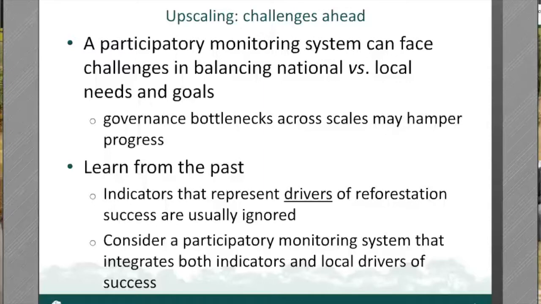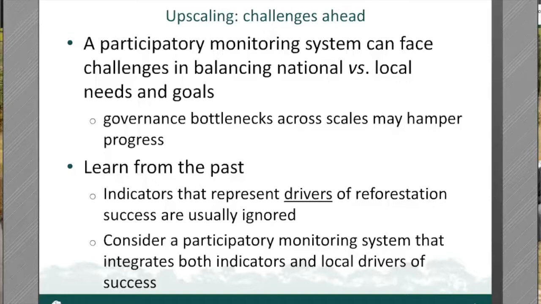As I mentioned before, upscaling means how do you connect local with national and hopefully global aspirations, so that the information flows and the information presented at a global level also corresponds to what is really going on the ground. So there are a few challenges.